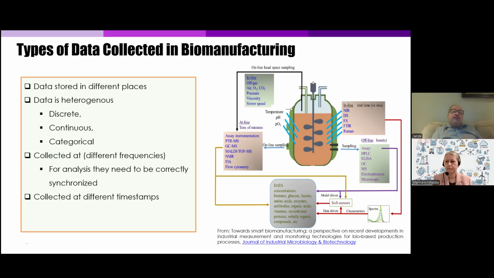Now, when we look at this data, you can notice that it is heterogeneous. We have discrete data, continuous data, and categorical data, and we have data collected at different frequencies. Even for online or inline data, we have data collected at different frequencies.